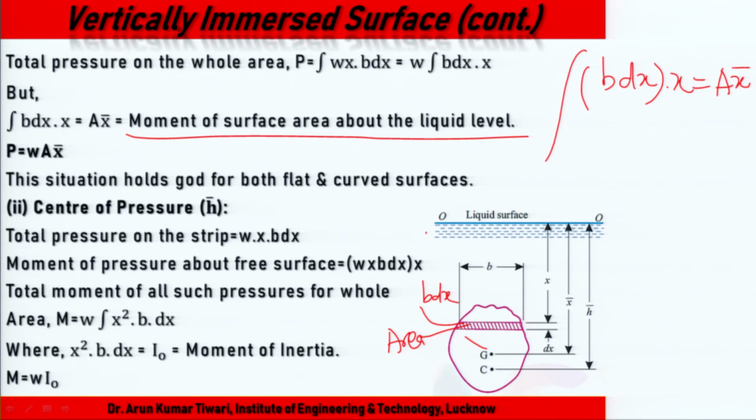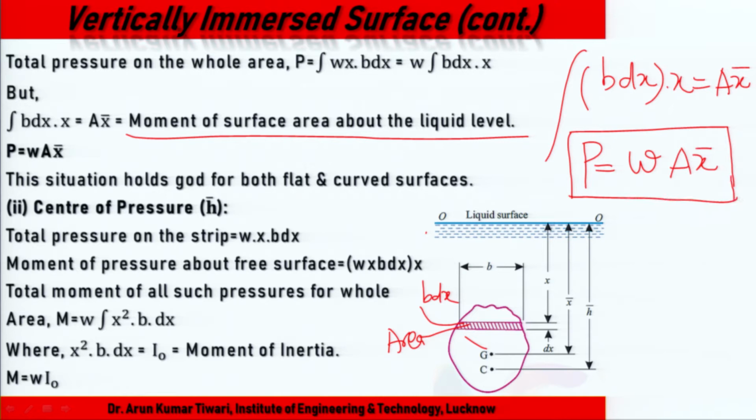So then the total pressure, capital P, becomes W A x bar. This is the same as the horizontal case. Suppose this is the free surface and this is the plate.